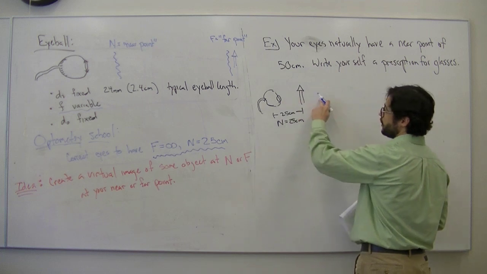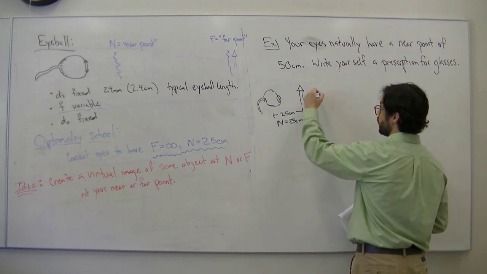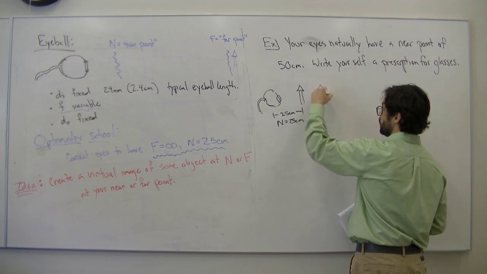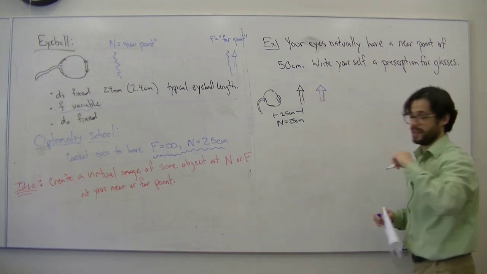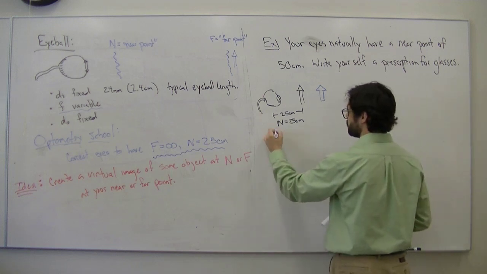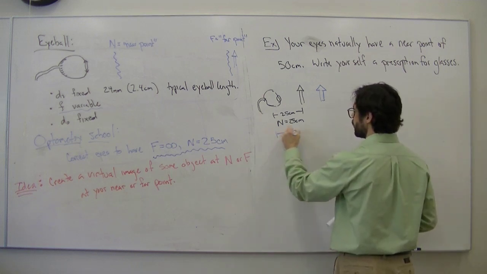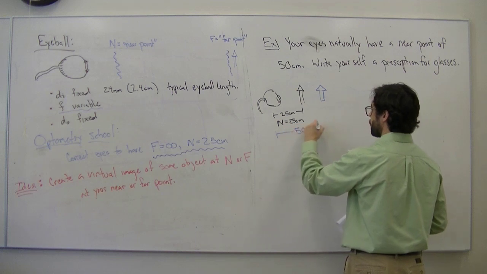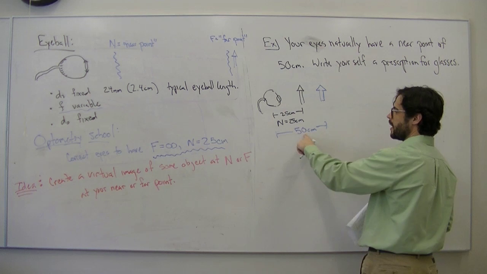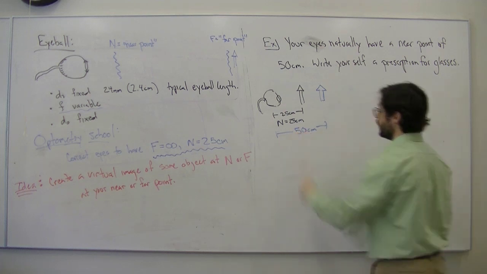The other reason you know that a corrective lens wearer is making virtual images is because real images tend to be inverted, and you don't want to see the world upside down when you put on your glasses. So the thing's actually here. What I want to do is create a lens that puts it there. It's as simple as that.